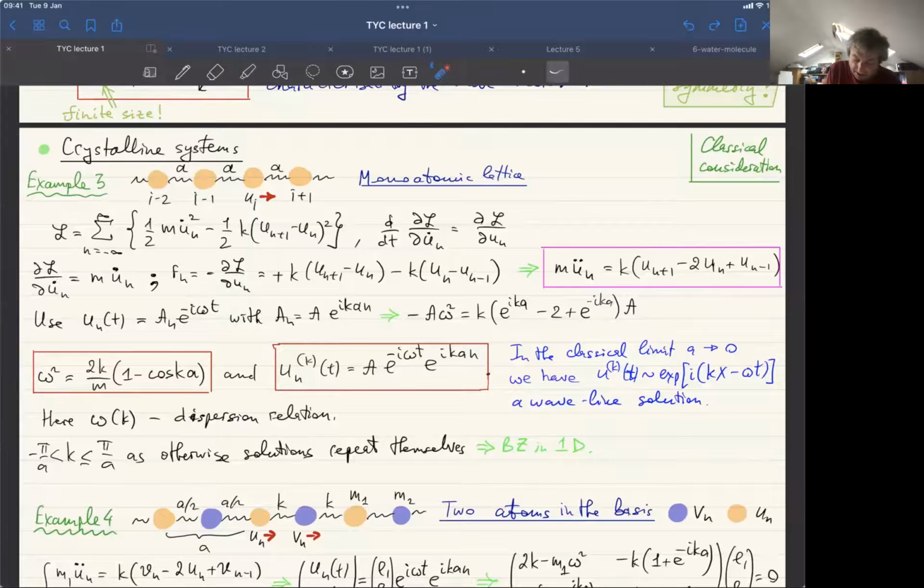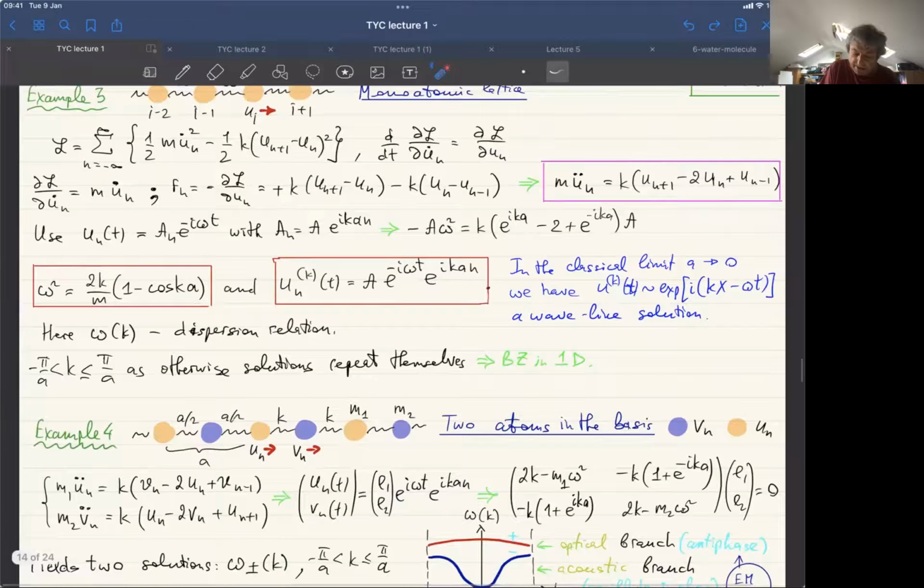The larger k, the smaller the wavelength of this wave; the smaller k, the larger the wavelength. So k equals 0, in particular, gives all displacements the same across the whole chain.